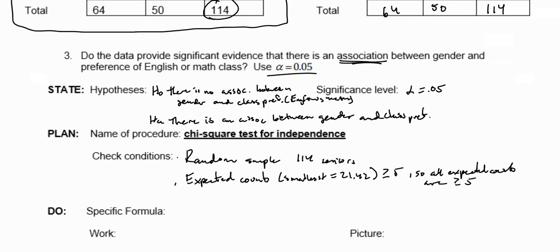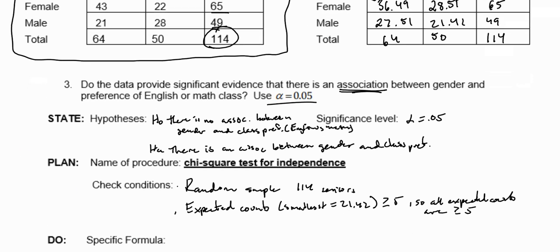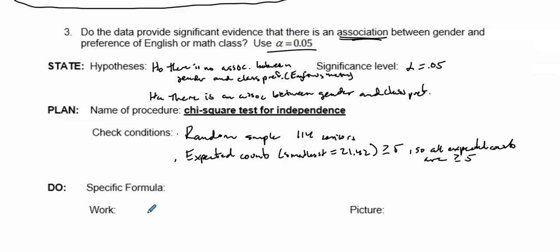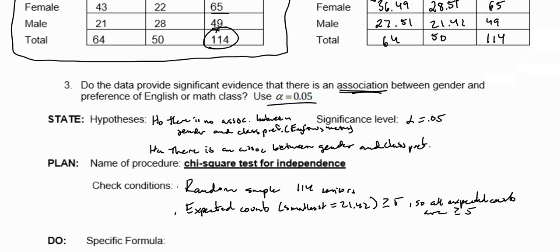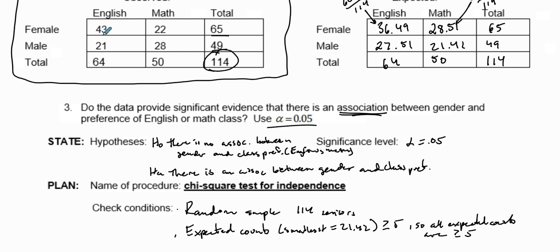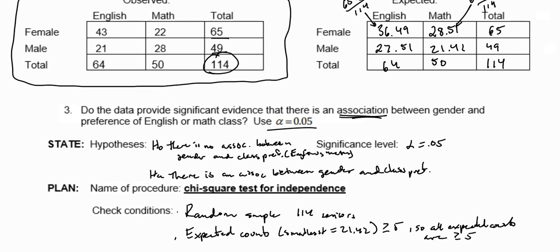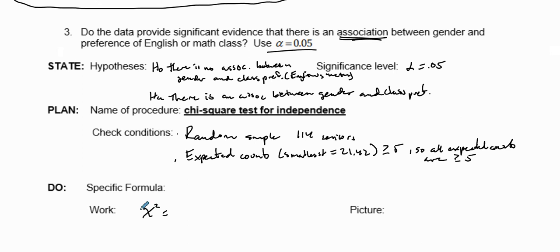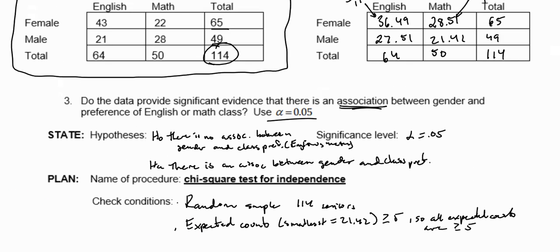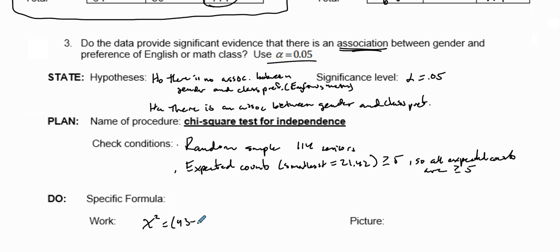The next thing is now we want to show some work. In order to show our work, we need to figure out what our chi-squared statistic is. So we're going to say, okay, we have 43 and 22. We can write those out here. We take our observed value, 43, minus the expected value, 36.49, square that, and divide by the expected value of 36.49.